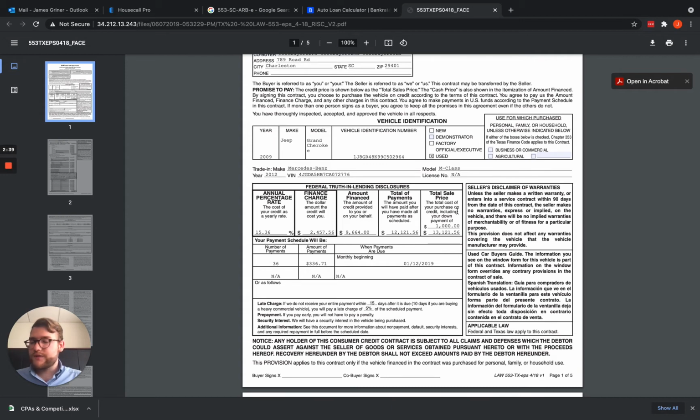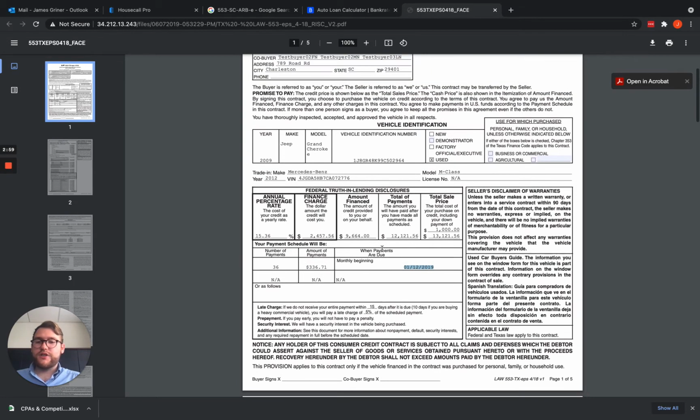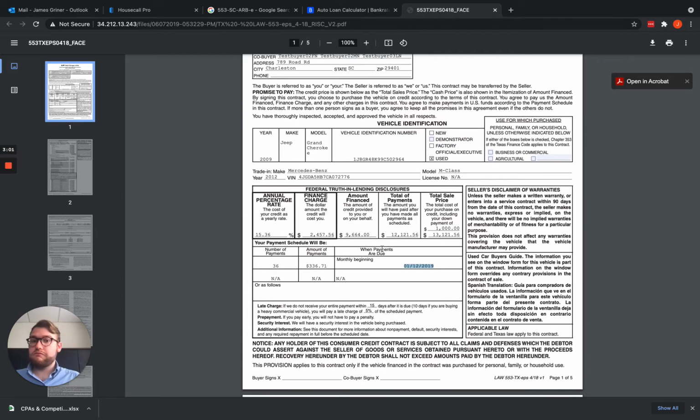So the total cost of what you are buying is going to be here, and then any down payment will be recorded here. And then we're going to also have the number of payments, how much your payment should be, and when your payments begin. So we've got all of that information, all of which we're going to need to create this amortization schedule.